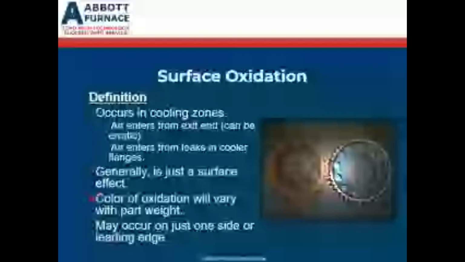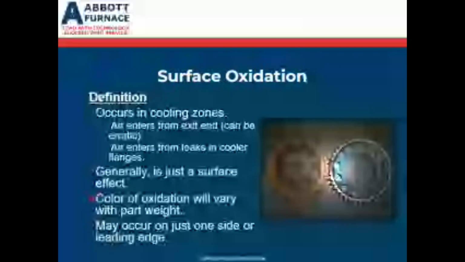So again, by seeing the color of the parts, if you had a leak in the high heat while you were at temperature, your parts would be black and maybe flaky and scaly. And we talked about in the front of the furnace in the preheat zone, where they would kind of have a frosted or a matte finish. They wouldn't look shiny.